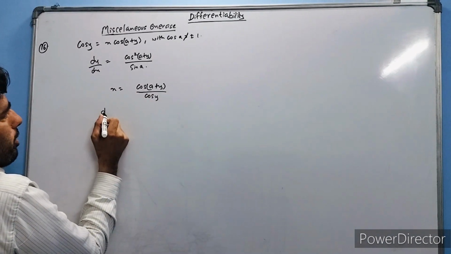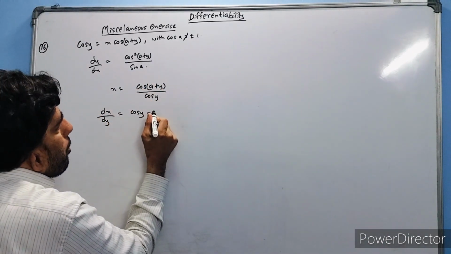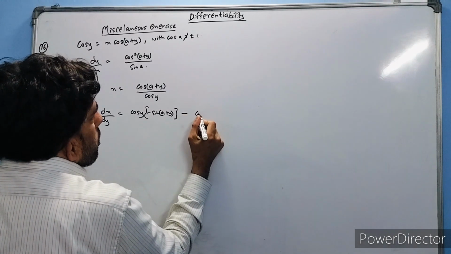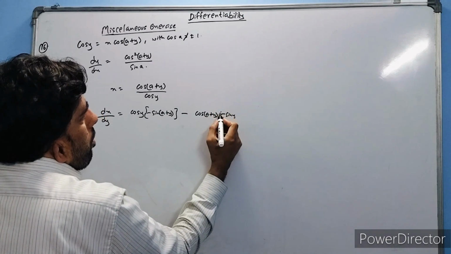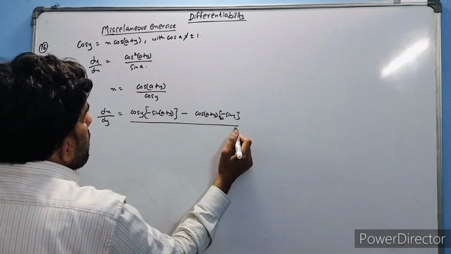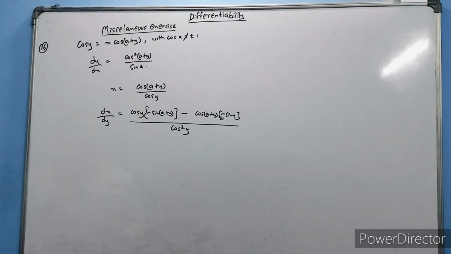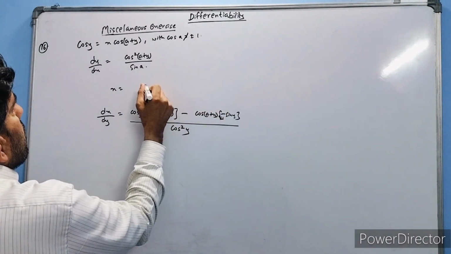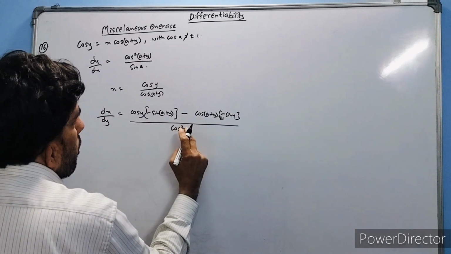Now while differentiating this function with respect to y, we have cos(a plus y) times differentiation of cos y, which will be minus sine y, minus cos y times differentiation of cos(a plus y), which will be minus sine(a plus y), upon cos square(a plus y).